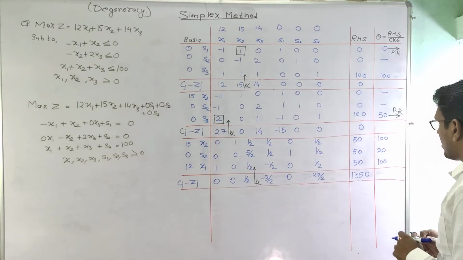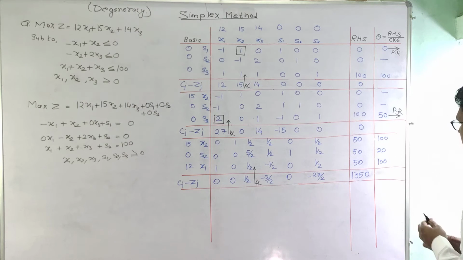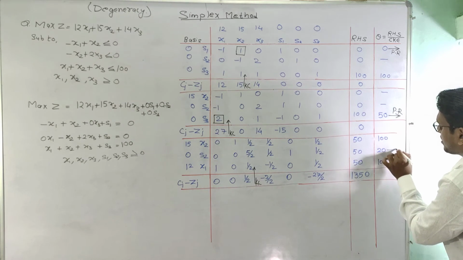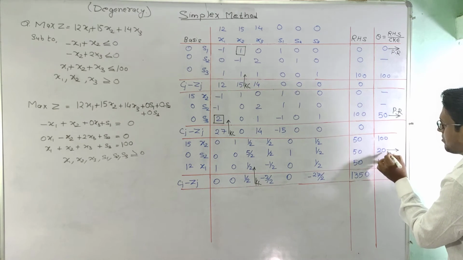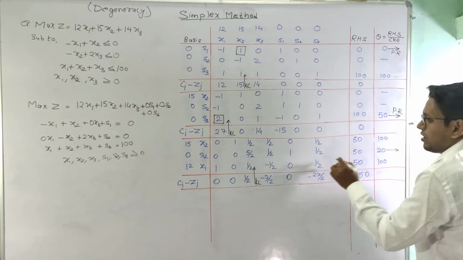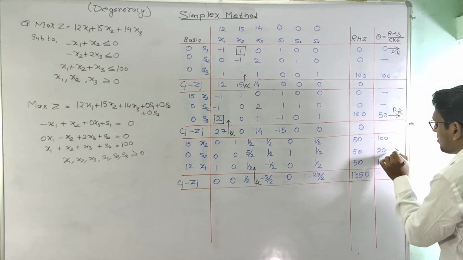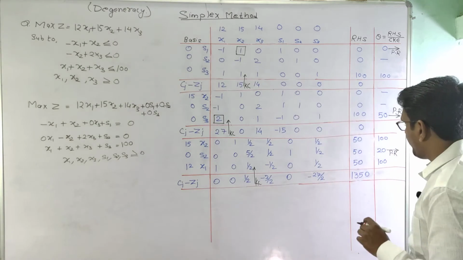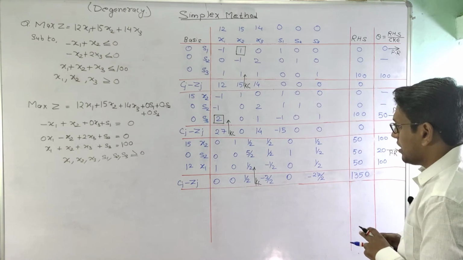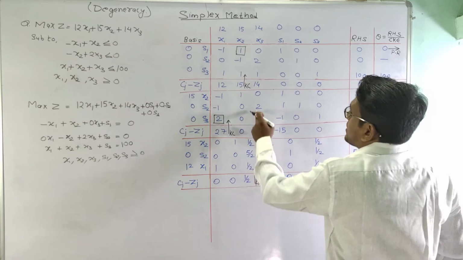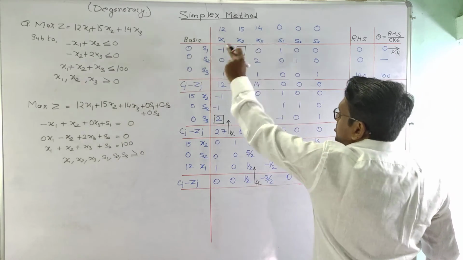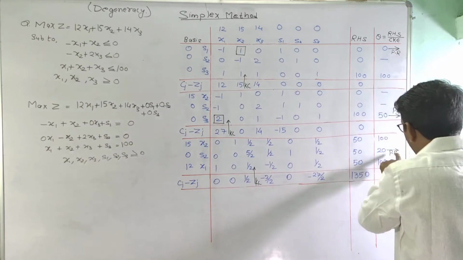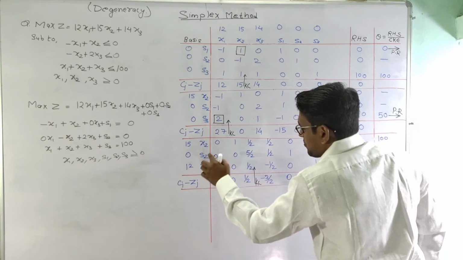Now we can see that 20 is the minimum positive value here, so we will select the variable s2 as our leaving variable, and this will be our pivot row. Now it is clear that variable x3 will enter the basis and it will replace the variable s2.